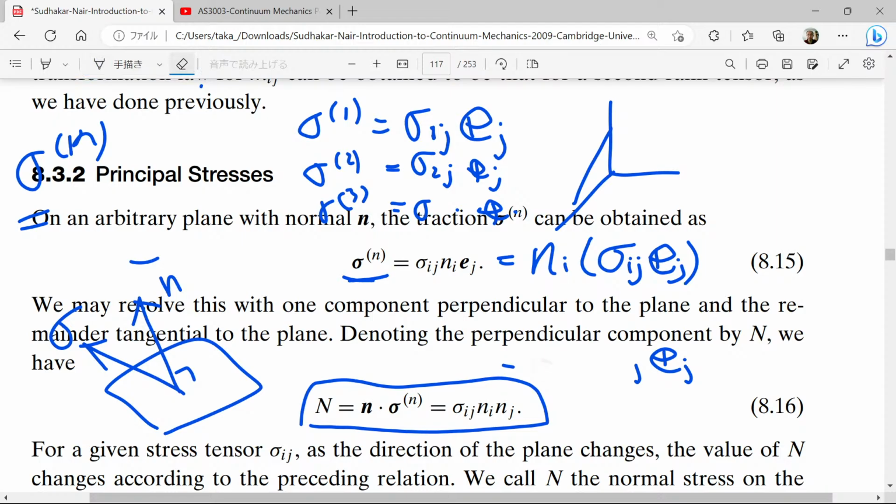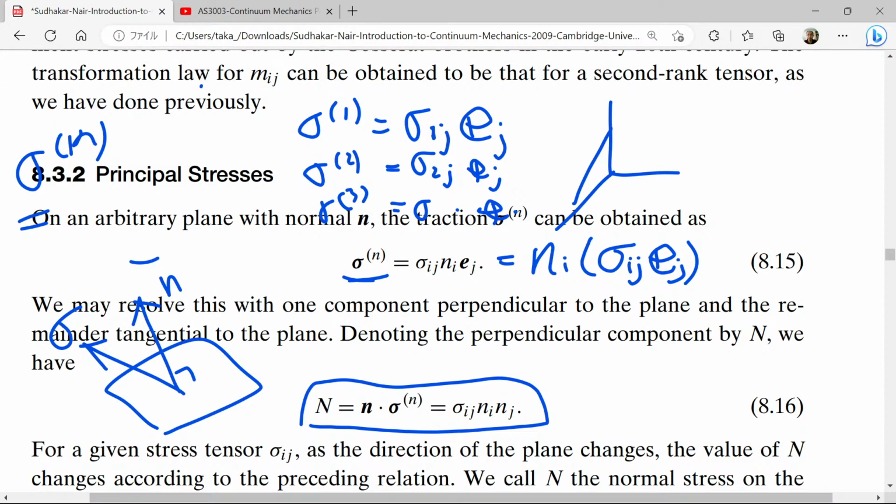So how do you do this? Okay. So this n is more like n. You can use k, ek. This is what you can do.